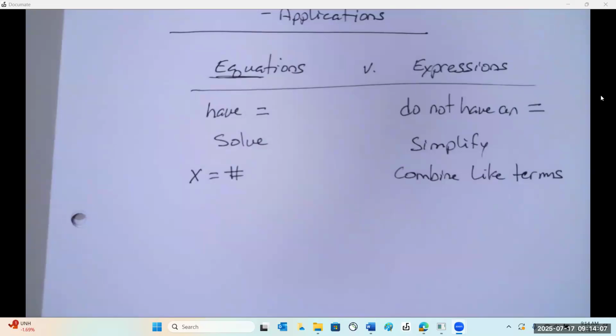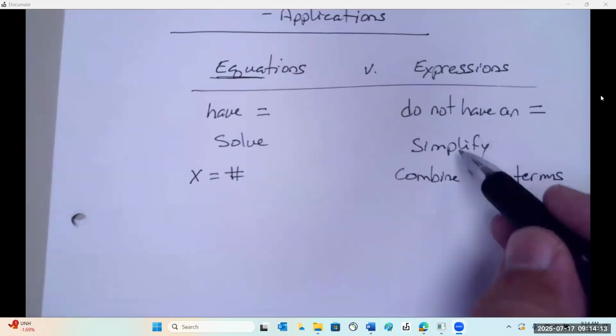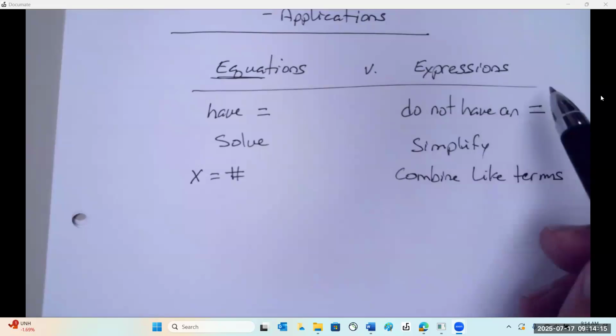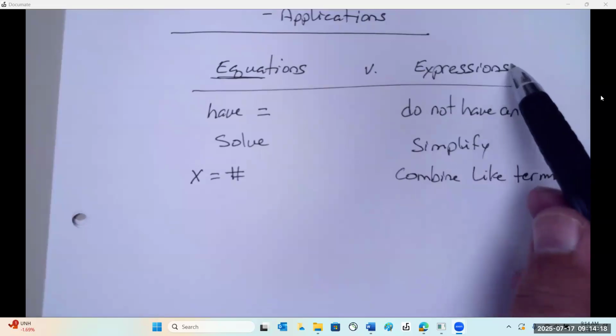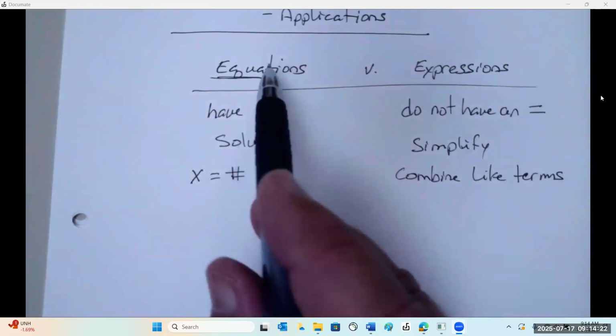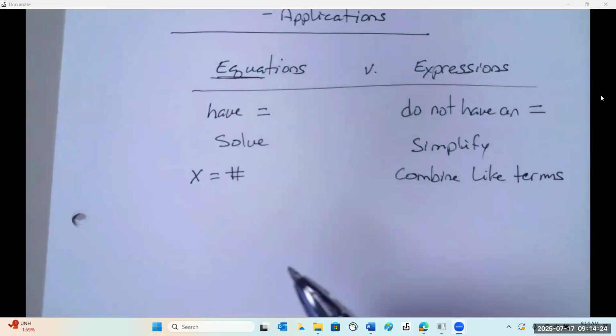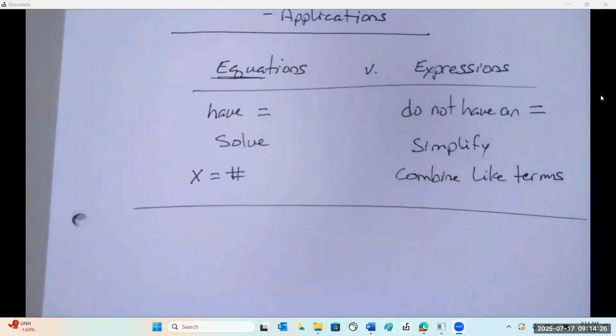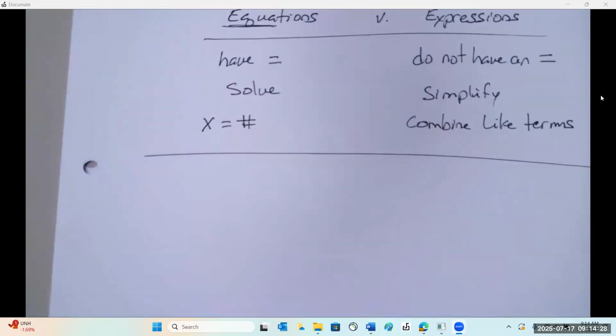Those are the difference. So whenever you see find or simplify, if it says simplify, you know it's an expression. If it says solve, you know it's an equation. There has to be an equal sign there. All right, so that's important to know.